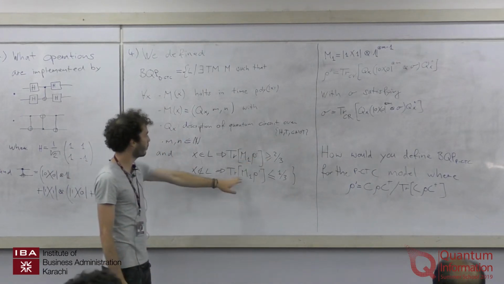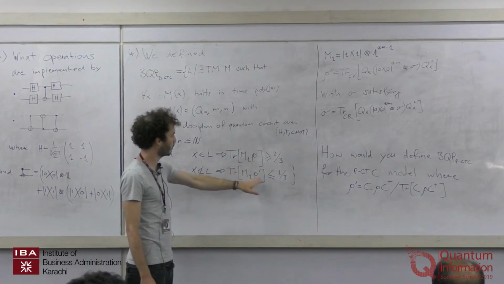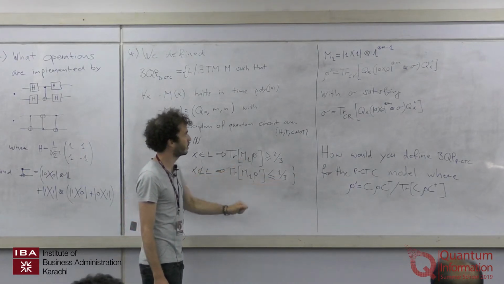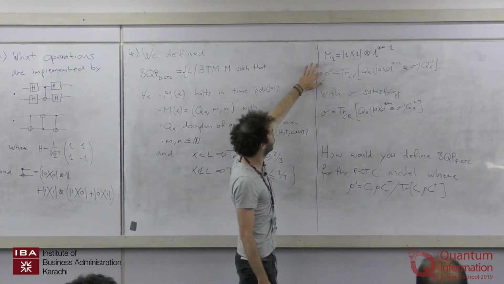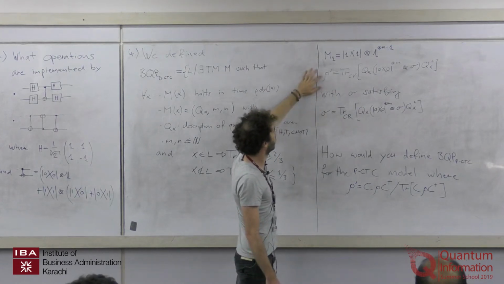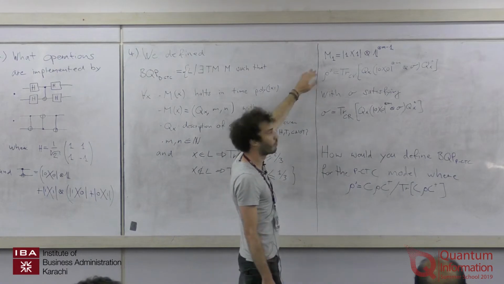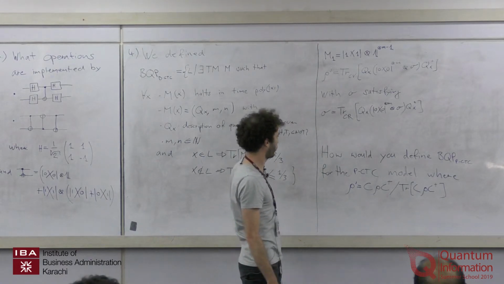If it's not in the language, then we measure 1 on the first qubit at the output with probability 1/3 or less. And here are the measurement operators that we use, and this is the formula for calculating the evolution in this model.